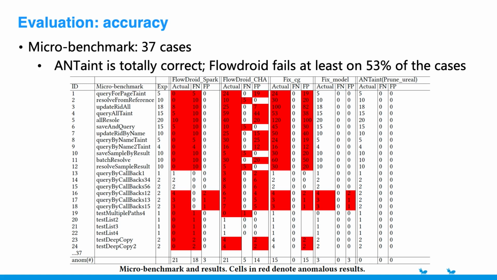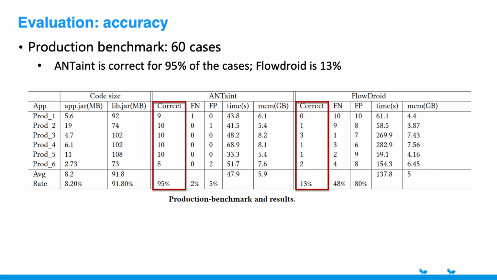We compare ANTaint with FlowDroid. FlowDroid is executed under 3 different kinds of core graph construction algorithms. As a result, ANTaint is totally correct, while FlowDroid is correct on only 53% of the cases in the best circumstances.